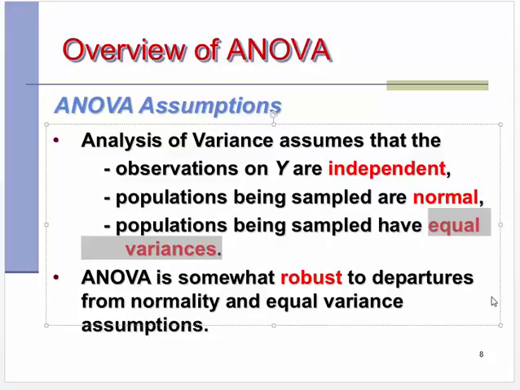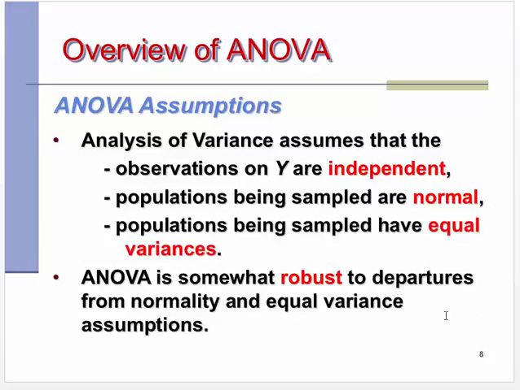And we have also noted that ANOVA is somewhat robust to departures from normality and equal variance assumptions. So if it's not exactly following a normal distribution, ANOVA is still a good solution. If the variance is not exactly the same, ANOVA can still work.